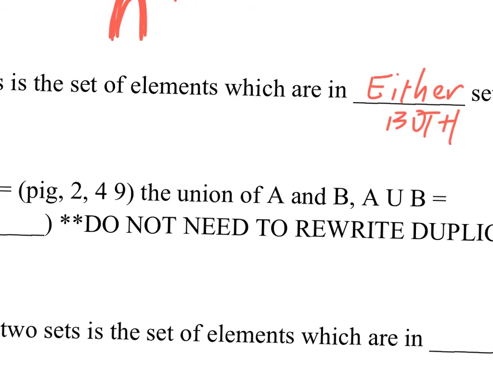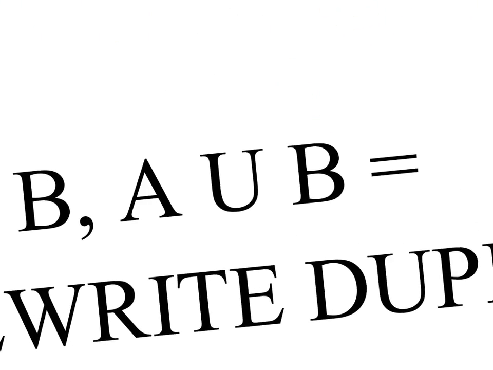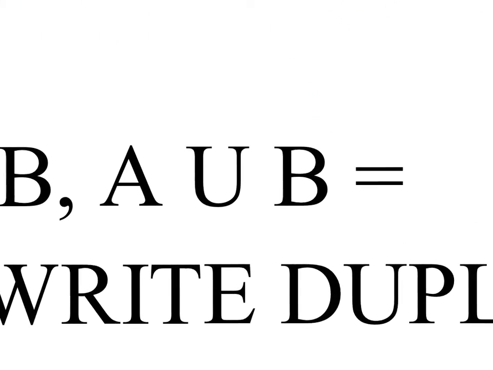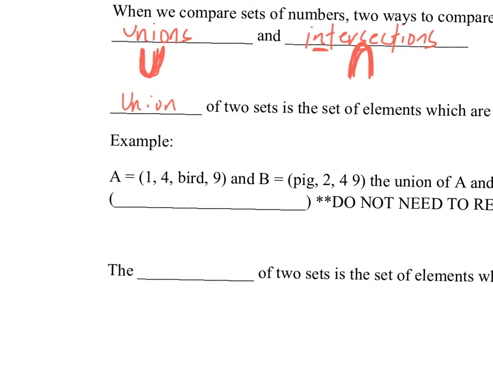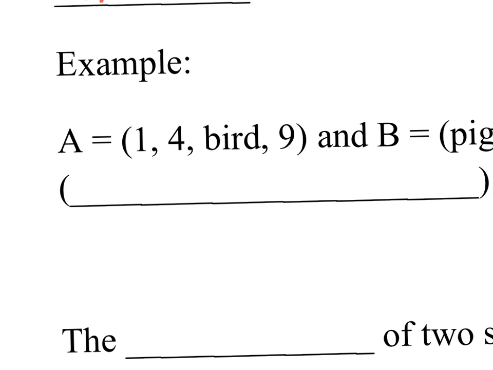So I want the union of A and B, and this is what it looks like. A, big U, B. It's pretty easy. So I want everything in A. So everything in A is 1, 4, bird, 9. And I want everything in B. Well, B has pig.